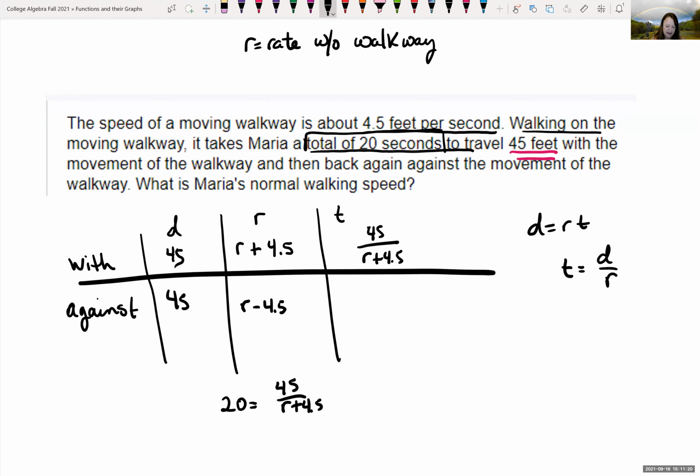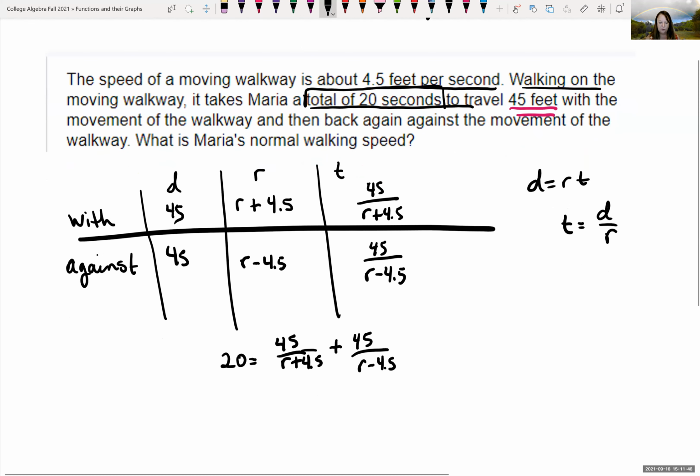So for the time against, that is 45 all over R minus 4.5. So I have this 20 is equal to 45 over R plus 4.5 plus the time to come back, which was 45 all over R minus 4.5.